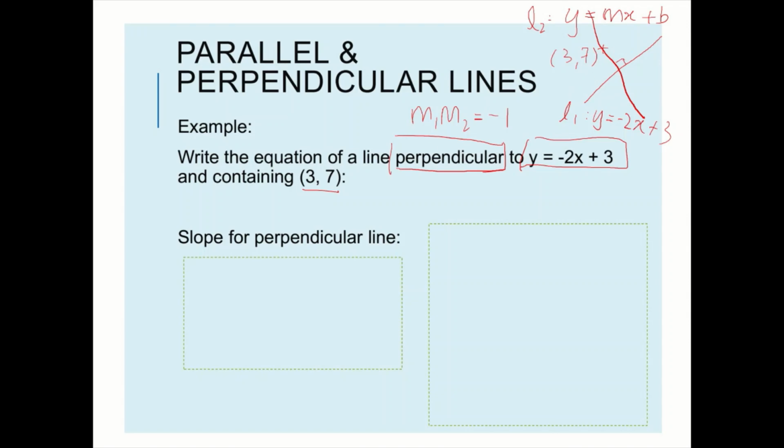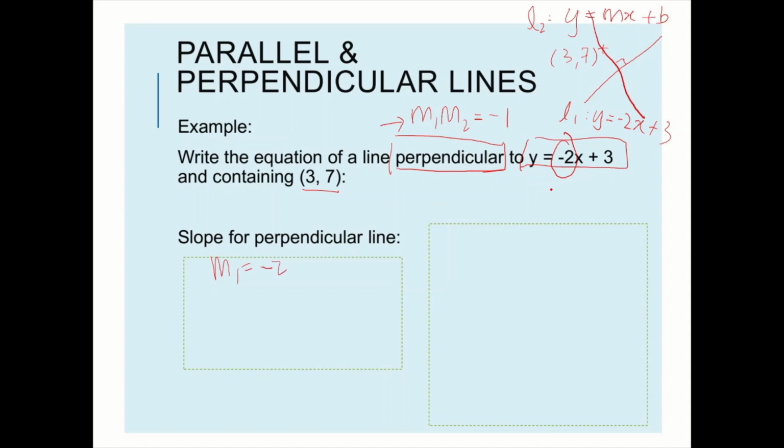So we can use the slope of the first line to find the slope of the second line. What is the slope for the first line? M1, we can get from here, the M1 is -2.